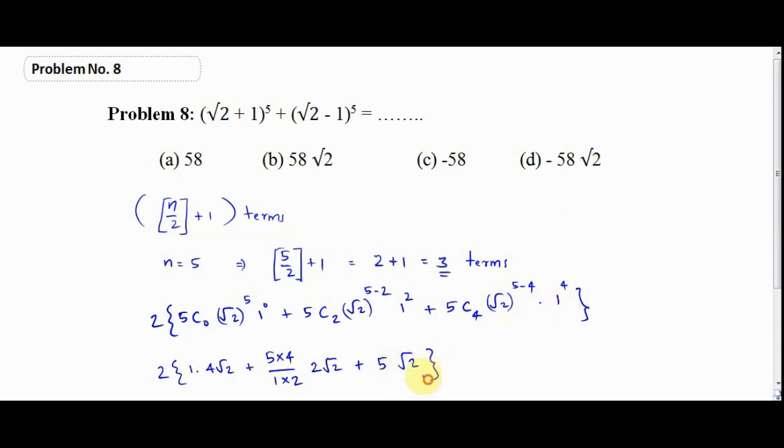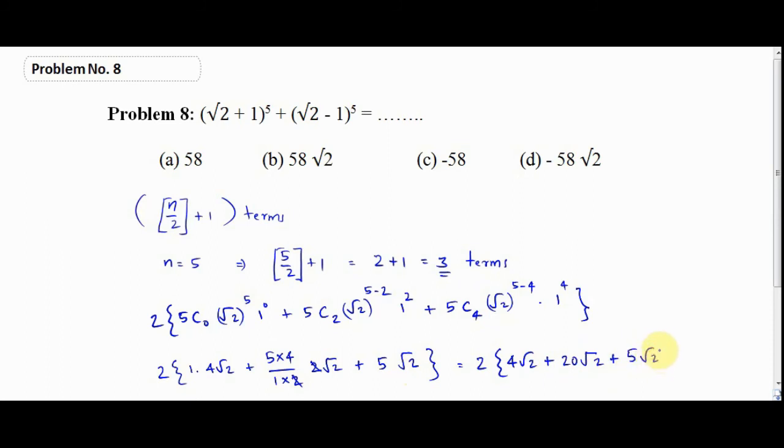Okay. Now let's try to simplify. So here we have 2 and that 2 and this 2 will be getting cancelled. Okay. So we have 2 into 4 root 2 plus, here we have 5 into 4, that is 20 root 2. Okay. Plus here we have 5 root 2.